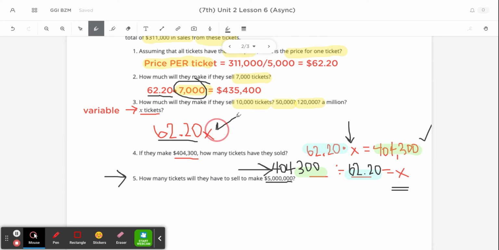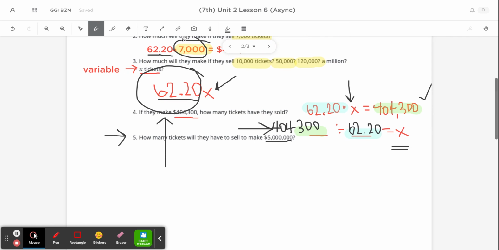And x was our variable to represent number of tickets, which is how we wrote the equation. When we're multiplying something like a number of tickets times a price, this special number that we're multiplying by is the constant of proportionality in the relationship.